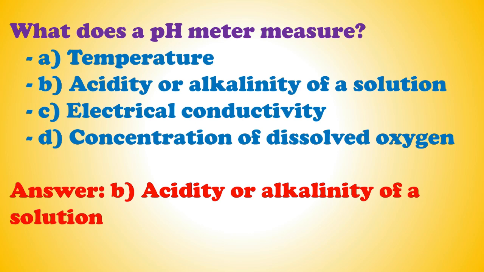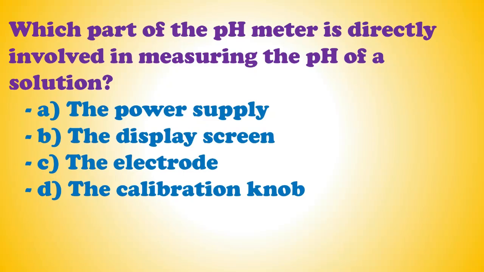The answer is acidity or alkalinity of a solution. The next quiz is this one. Which part of the pH meter is directly involved in measuring the pH of a solution? The power supply, or the display screen, or the electrode, or the calibration knob? Give your answer now.